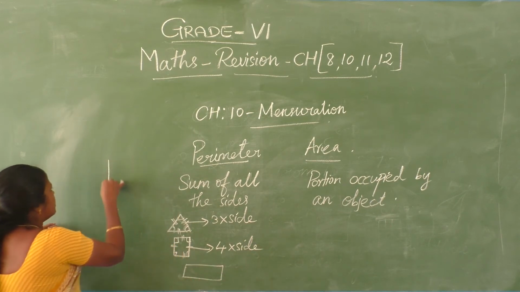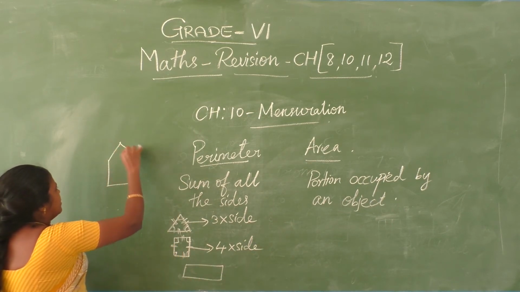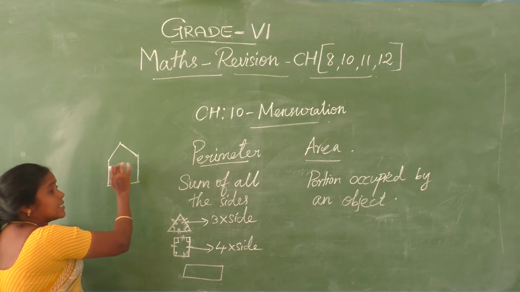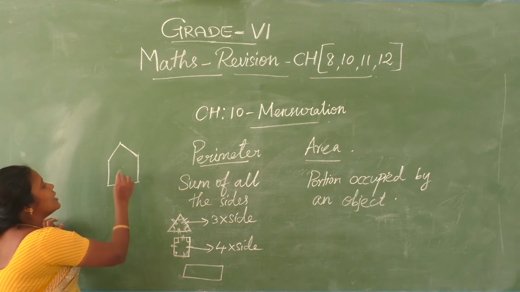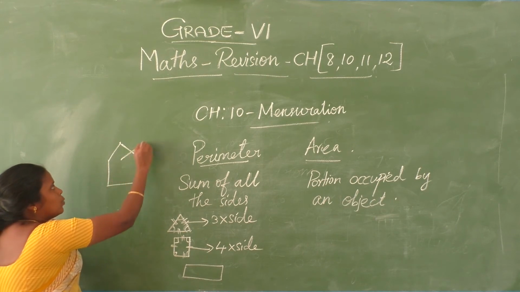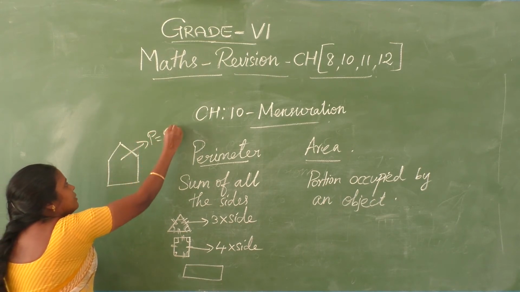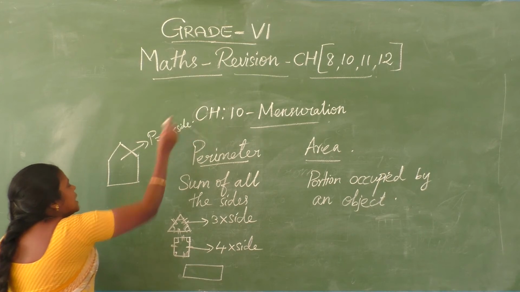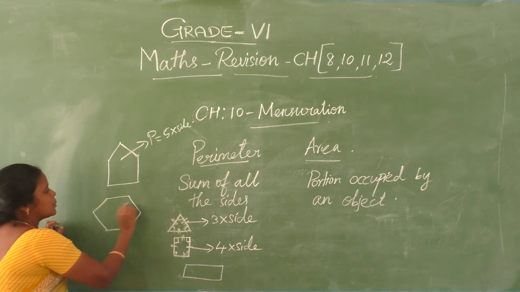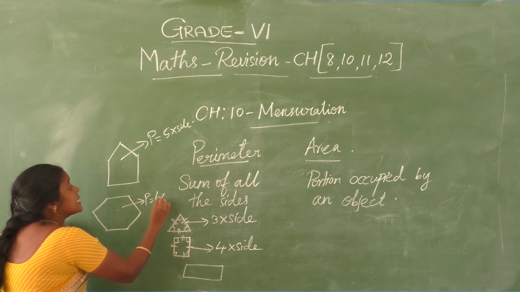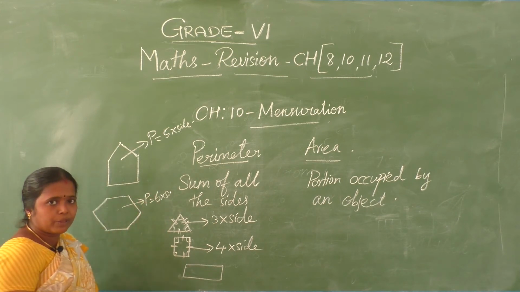Say for pentagon. Suppose the figure is a regular pentagon. What is its perimeter? 5 into side. If the figure is a regular hexagon, what is its perimeter? 6 into side. So what do you observe from this?